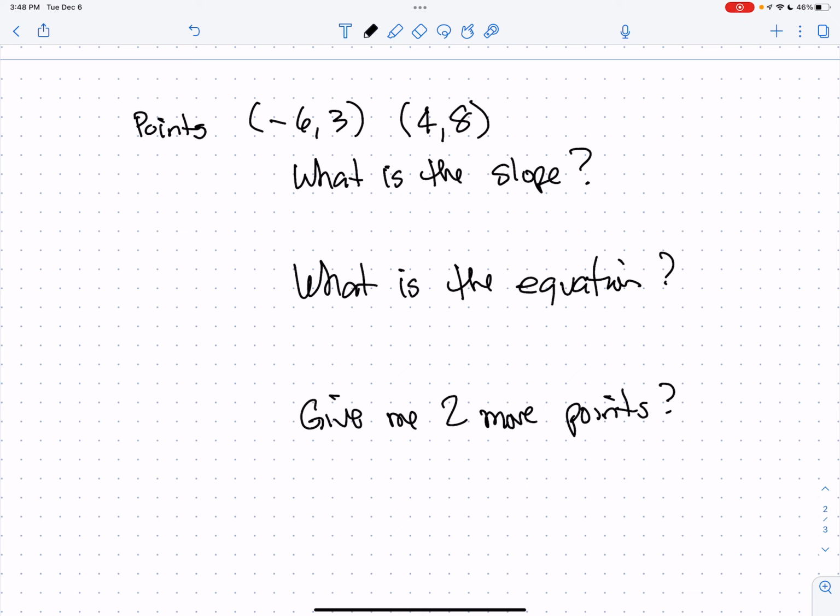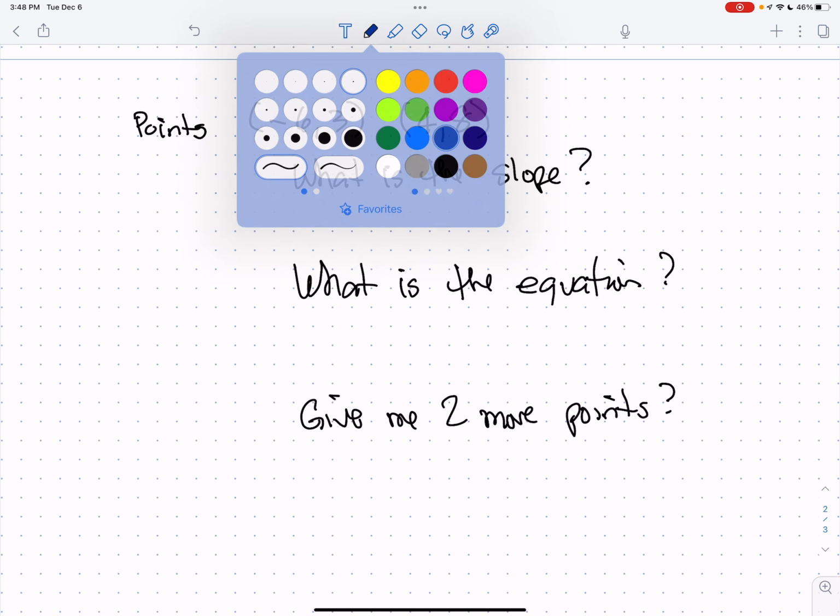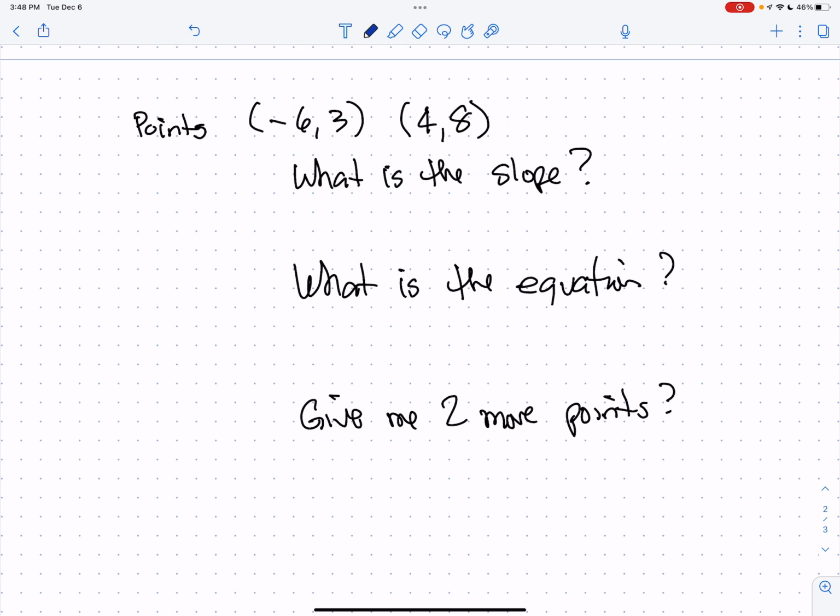Okay, hopefully you paused this and you attempted those 3 questions. I'm going to do them one at a time. So first, let's do what is the slope? So the slope is rise over run. So the rise are the y coordinates, right? This is y1, this is y2. And the run are the x coordinates, x1 and x2. The ones and the twos just differentiate them between one another. It's no big deal. So the rise, I go from 3 to 8, that's plus 5.